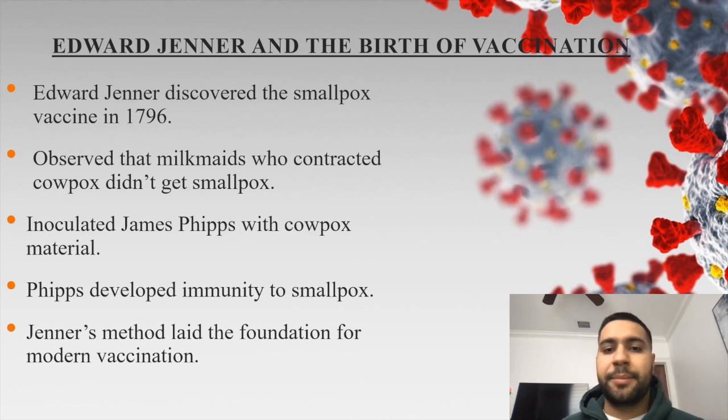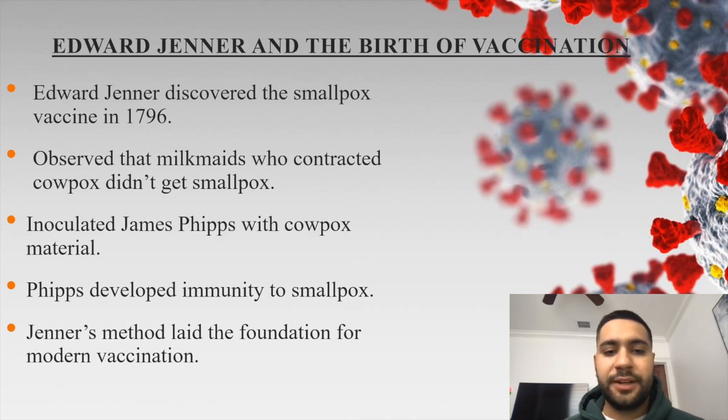Jenner came up with a hypothesis that cow exposure would immunize a human against developing smallpox. In order to test it, Jenner conducted an experiment on an 8-year-old boy named James Phipps. He took material from a cowpox lesion on the hand of a milkmaid and infected the boy.